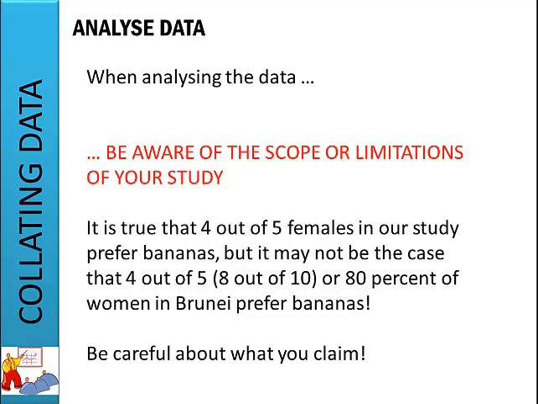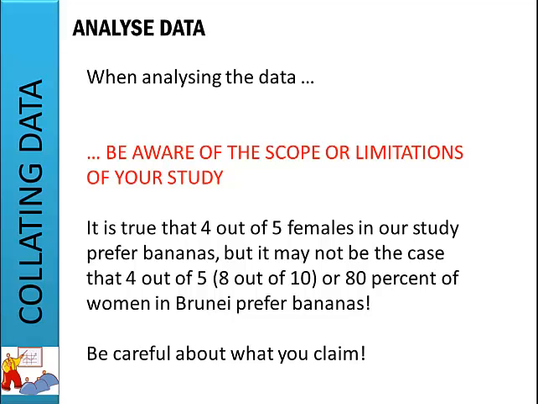After we've looked at the findings, we'll begin the discussion part of our report, and that's where we'll start to look at what the findings mean. And in the discussion, we need to be very careful about how we interpret the data. For example, we know that 4 out of 5 female respondents prefer bananas, but we can't go on to say that 4 out of 5 women or 8 in 10 women in the general population prefer bananas, or that 80% of all women prefer bananas.